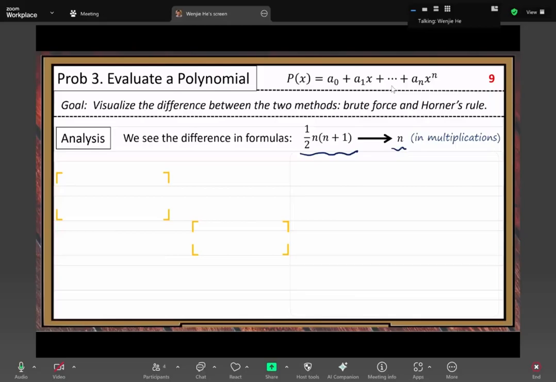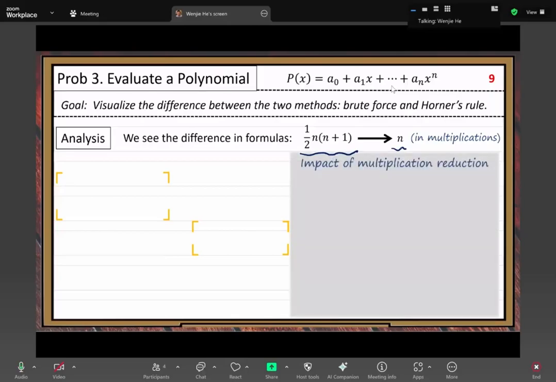Visualization of the improvement, to impress ourselves. Let me use two examples to help you visualize the improvement. Impact of multiplication reduction. How big is the multiplication reduction in this example?